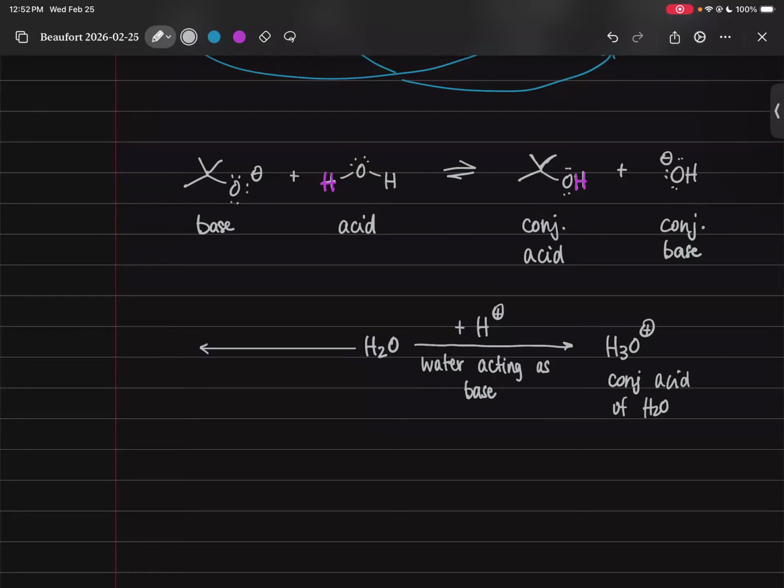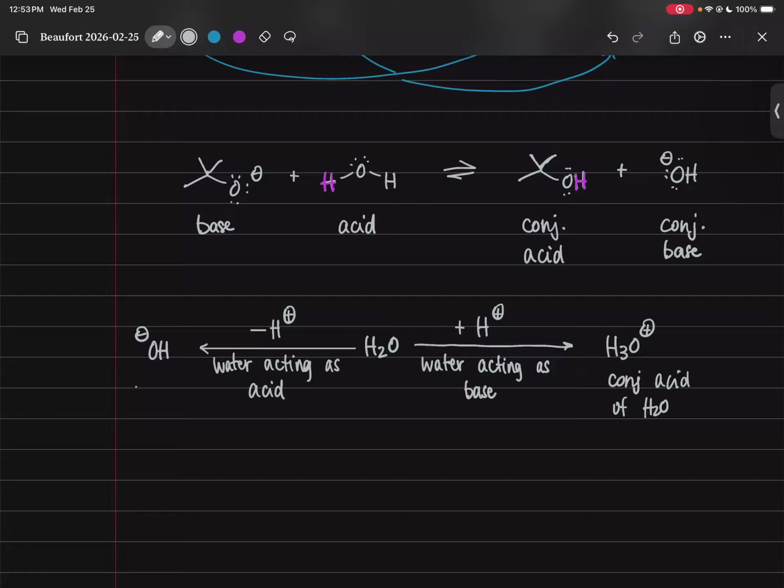We can go the other direction and instead subtract a proton, or should I say donate a proton from the water? If we're losing a proton, we're going to OH minus. So water is acting as an acid in this case.